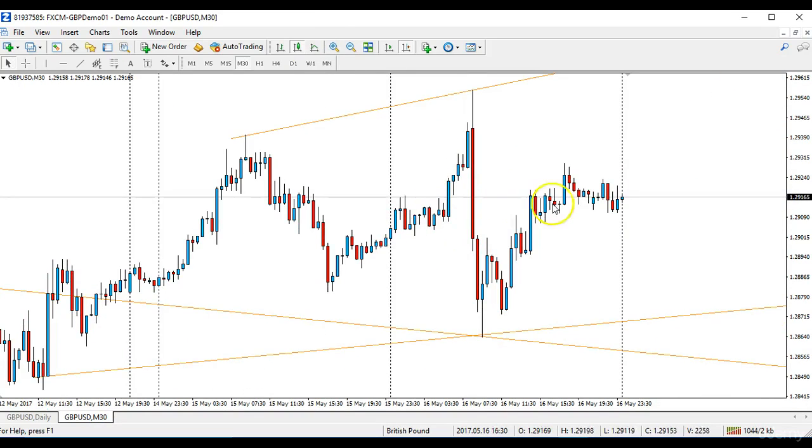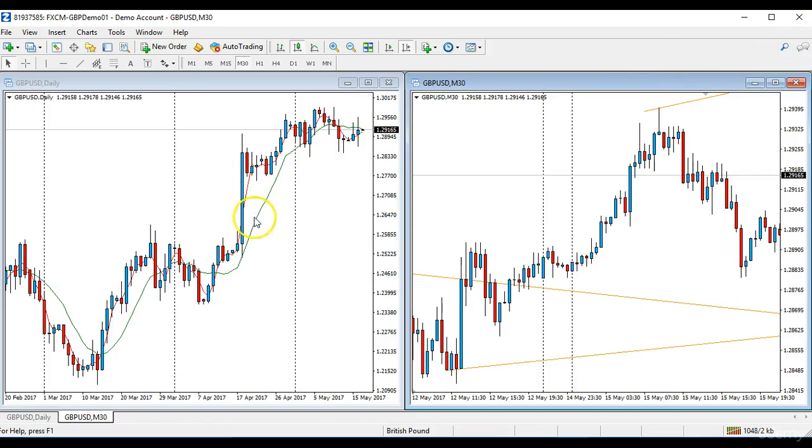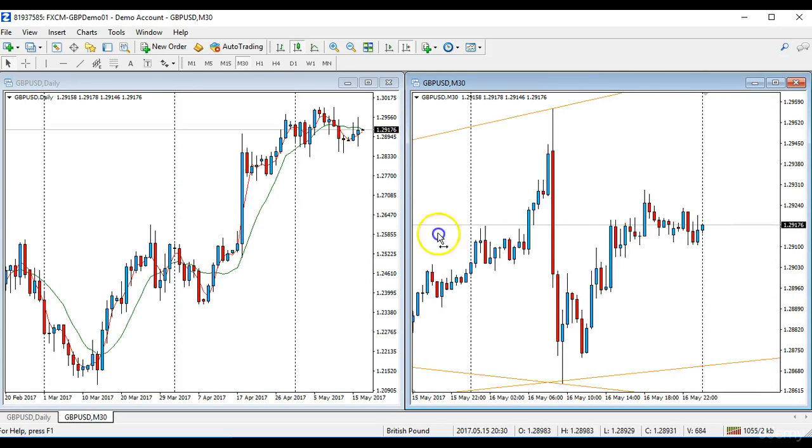So all these 30-minute candles here designate 24 hours. And on the daily chart, this designates a whole month. So this is April, this is May, and this is the 16th of May. So this 30-minute chart here is represented by what happened yesterday.